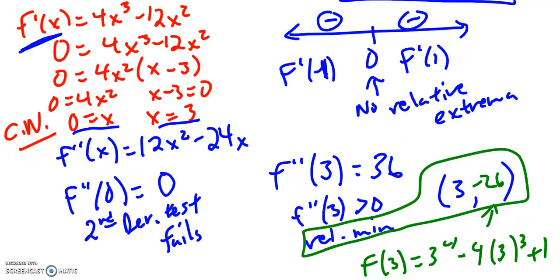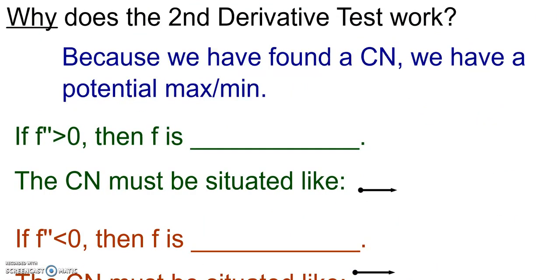So just to recap, why does this second derivative test work? Because we have found a critical number and we have a potential max or min. If the second derivative is greater than 0, we know it's concave up, and then the critical number must be situated like that, right there on that horizontal tangent.